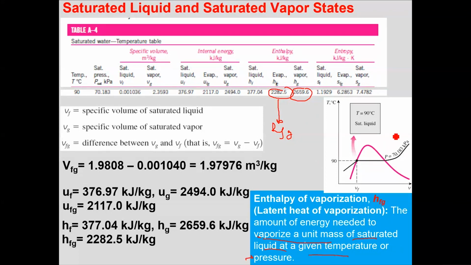So at 90 degrees centigrade and at 70.183 kilopascal, you require 2282.5 kilojoules per kg of energy to convert saturated liquid into saturated vapor. So far, is it clear?